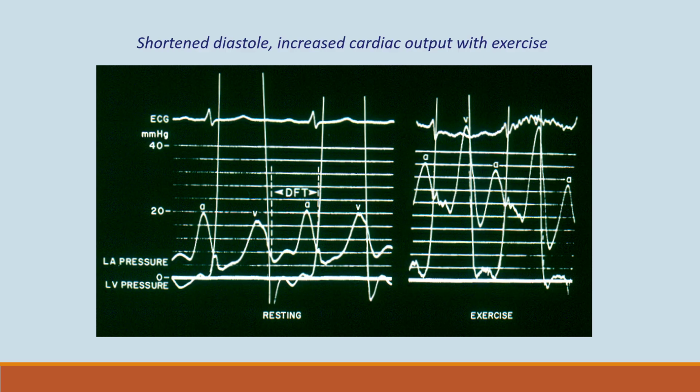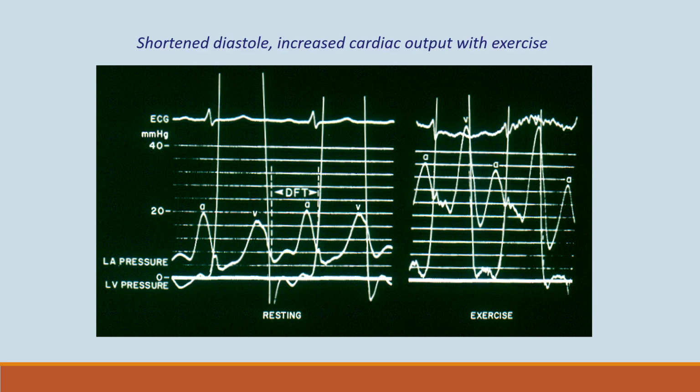We have curves on the left at rest, showing the left atrial pressure with the A and V waves and the diastolic left ventricular pressure, and you have a mild gradient across the atria, across the mitral valve in diastole.